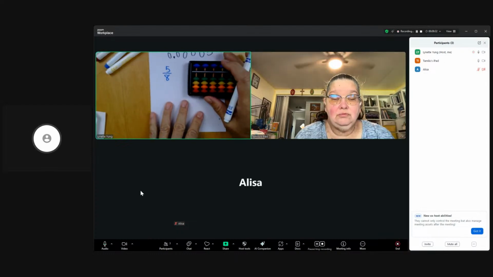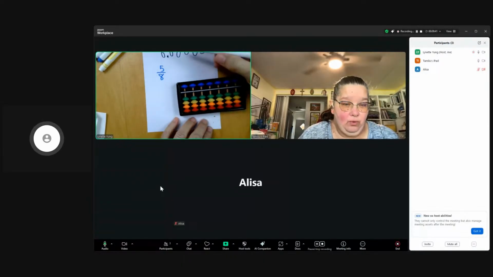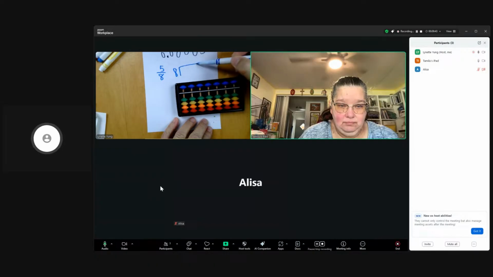So the first thing we're going to do is understand how we set it up as a division, because that's what fractions are. Fractions are just division. So we divide 8 by 5.